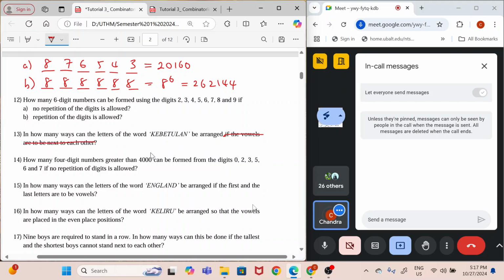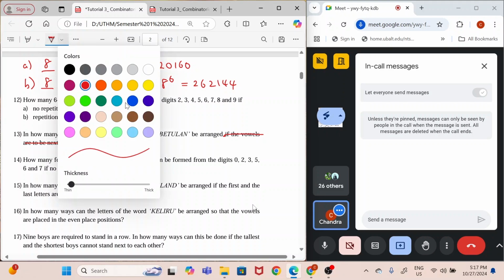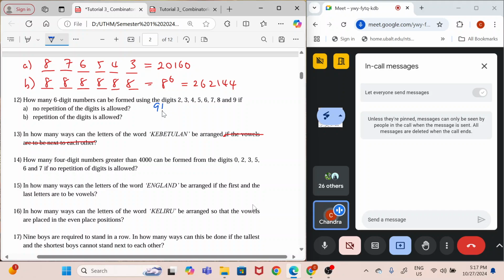So in this case, how many ways can all the letters be arranged? How many letters are there just now? 9, isn't it? You have 9 letters, 9 factorial, divided by how many letters are the same? 2. If you do this, how much do you get? This one has no condition.